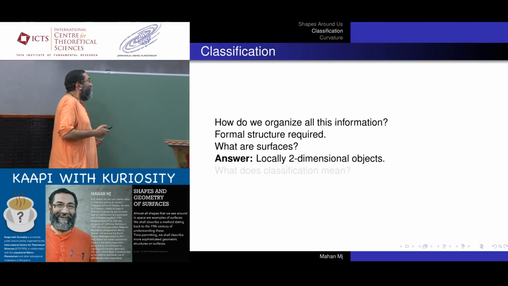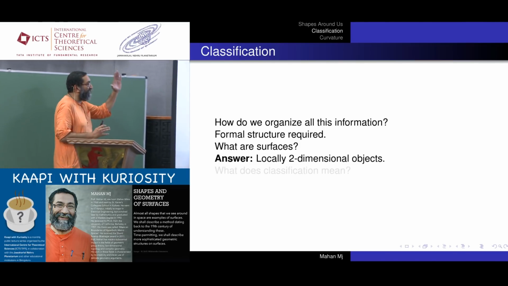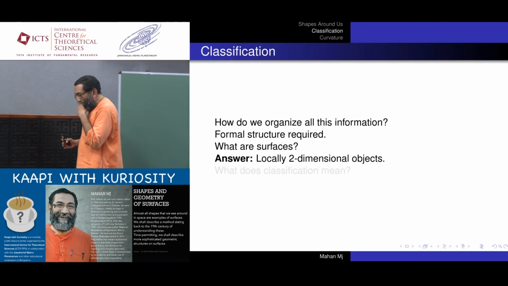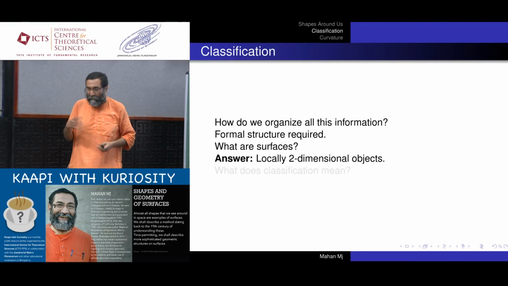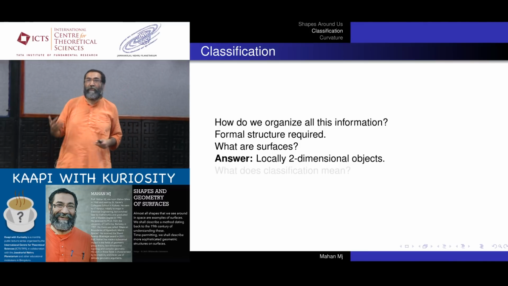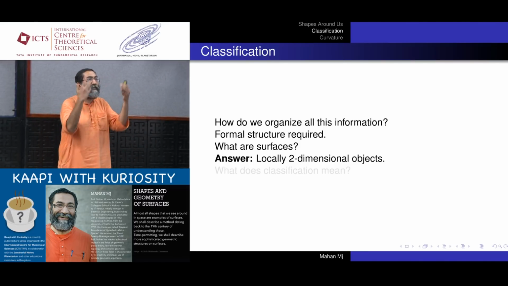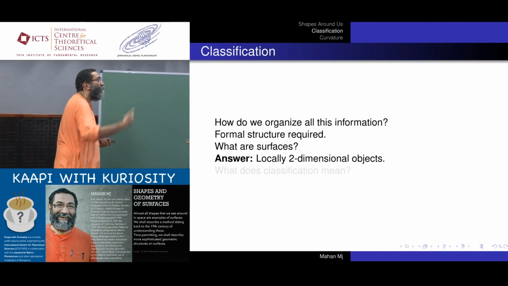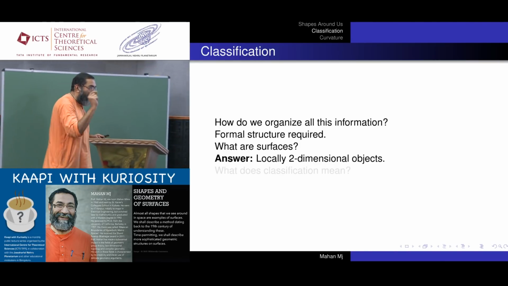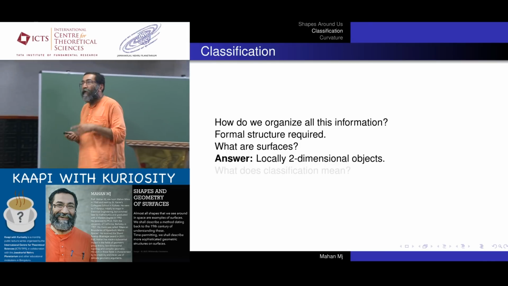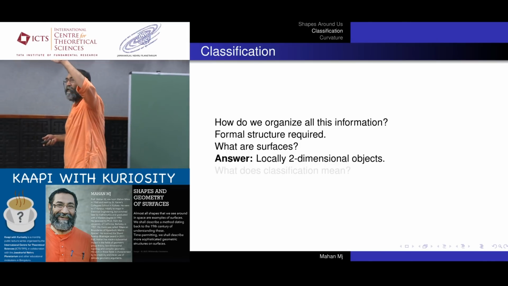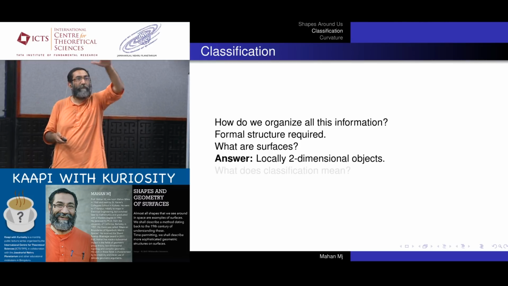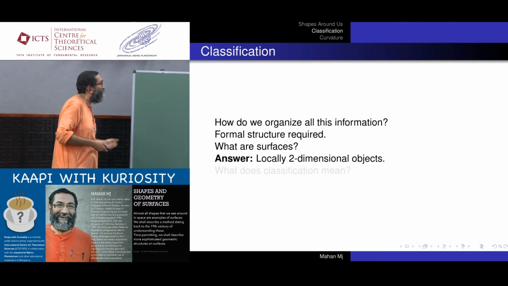And the answer, again, is not entirely precise, but it's a first-level abstraction. When we said that we are looking at opaque objects as human beings and looking at the surface of that, what really are we doing? We are looking at the two-dimensional surface of the object we are interested in.